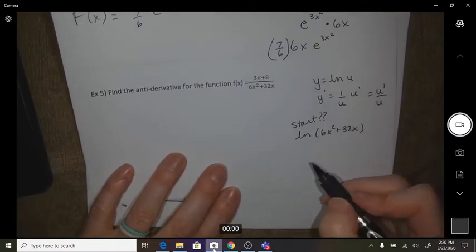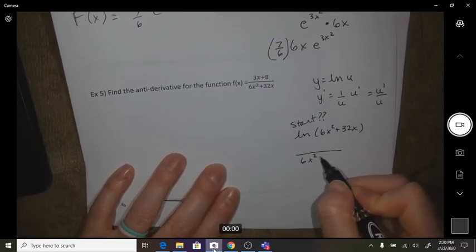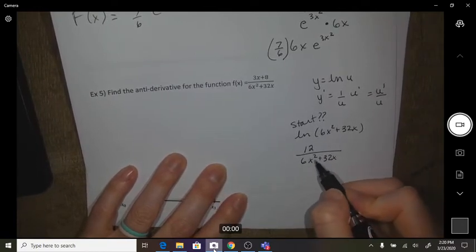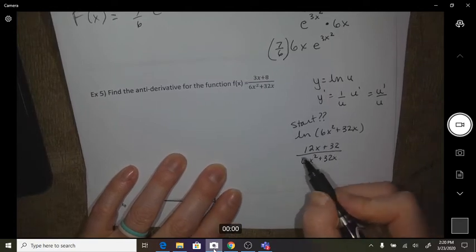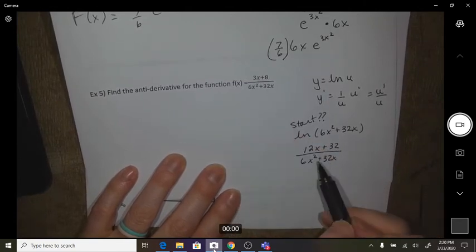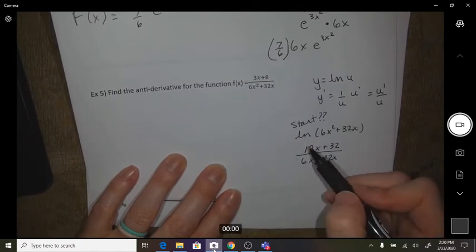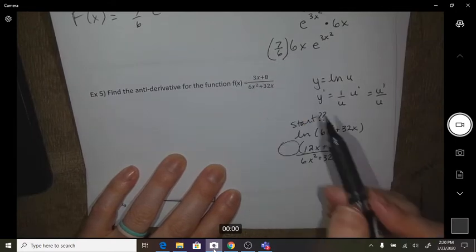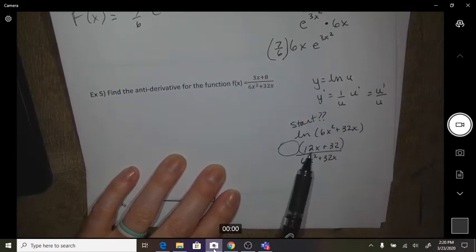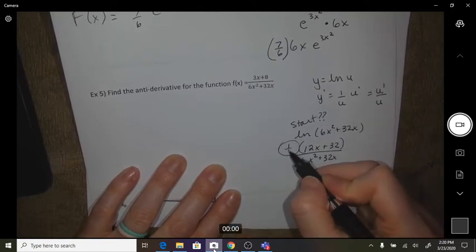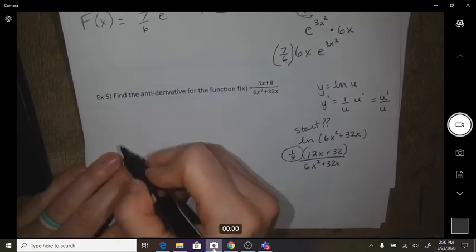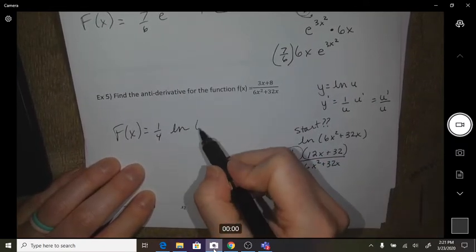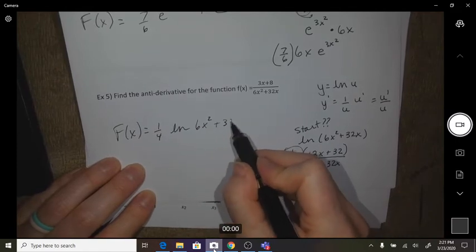If we did, it'd be 1 over that times the derivative of that, so that'd be 12x plus 32. Looking at my result compared to this, what do I need to times this by in order to have that? I could see that I'm 4 times bigger than that, so I need a quarter in the front. So my answer is a quarter ln 6x squared plus 32x.